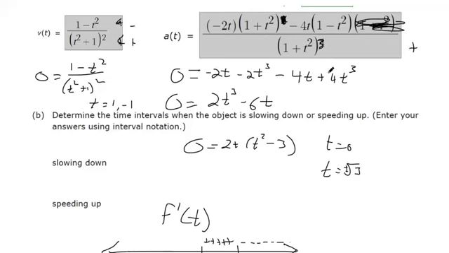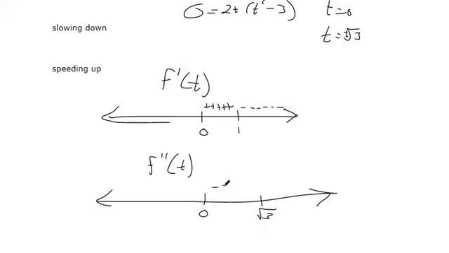Bottom's definitely going to be positive because 1 plus 1 squared, it's all going to be positive. Up top, that's 2. 2 times negative 2 gives us negative 4. And 1 minus 1 gives us 0. 0 times all this is going to be 0. We're going to get a negative up top. So negative divided by positive will give us a negative. If we plugged in a number between these two, we got a negative.